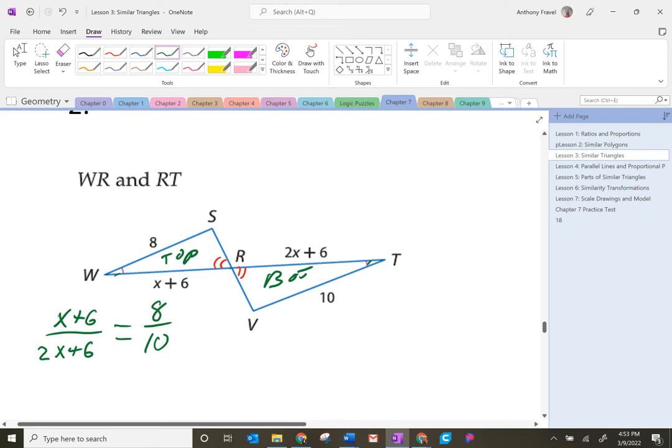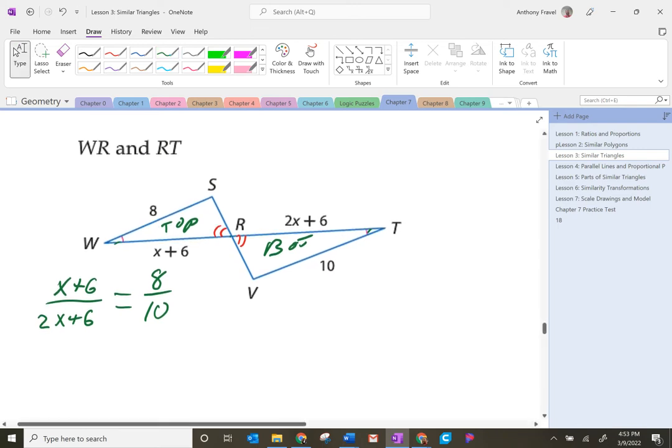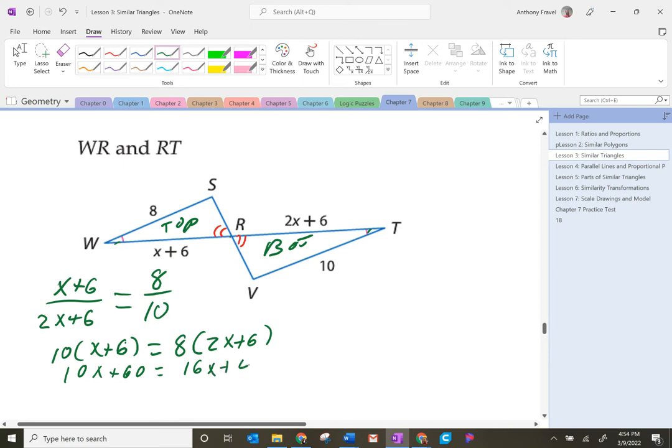Now it's going to turn into that cross multiplication. All right, I get 10 times the quantity of x plus 6 equals 8 times the quantity of 2x plus 6. I can go through, I get 10x plus 60 equals 16x plus 48.